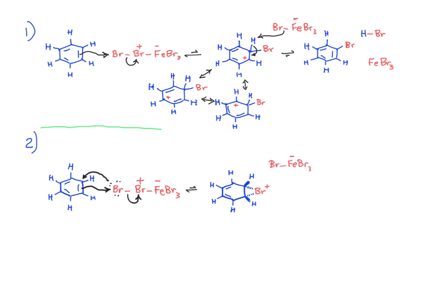That bromonium ion can, in principle, open to give the resonance-stabilized carbocation, or there can be some other mechanism of elimination of hydrogen to give bromobenzene, HBr, and iron tribromide. In the next video, we'll explore which of these two mechanisms better fits the evidence.